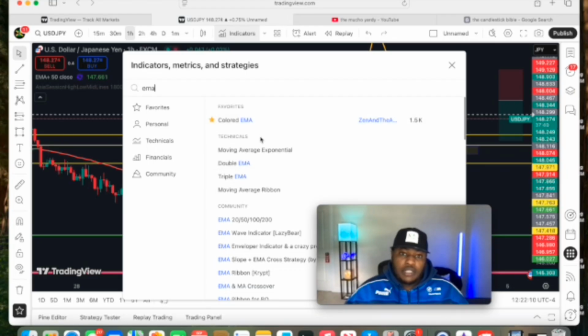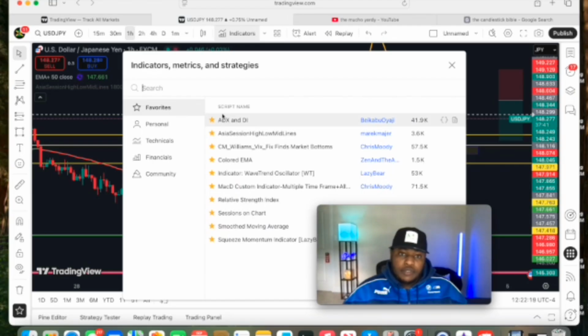All my indicators, moving average, exponential, and so on, I have saved under my favorites. But as you can see at the moment, I only have one indicator on the chart, and that's the colored EMA. This is the person who created the indicator and also how many people are using it currently. 1.5k using the colored EMA.